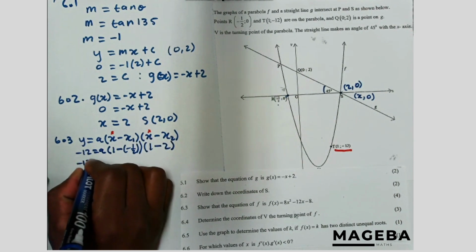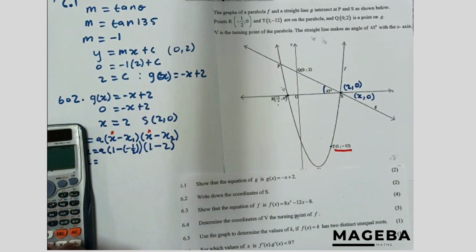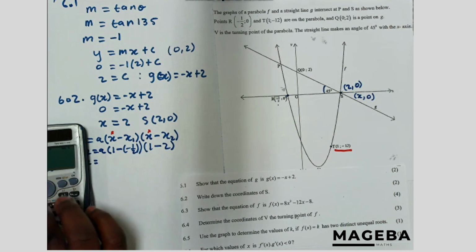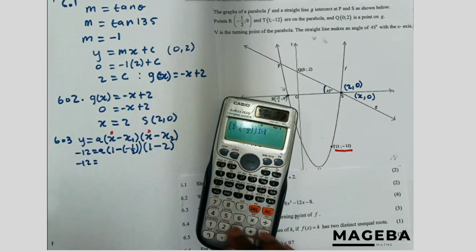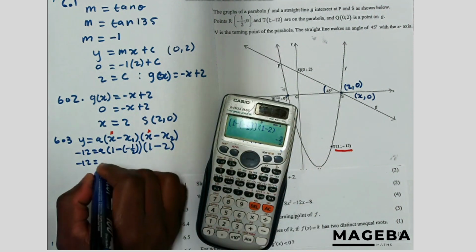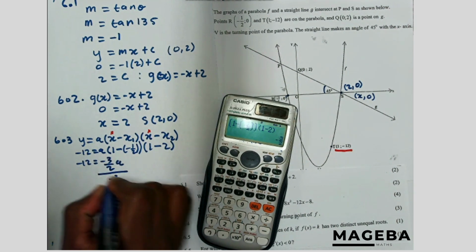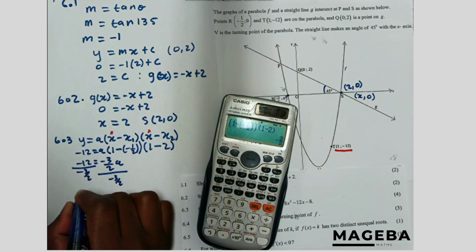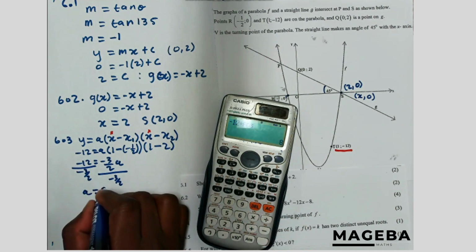Now we can punch all this in the calculator: 1 minus negative 1 over 2, then 1 minus 2. It was 3 over 2, so it's negative 3 over 2 a. Then we divide by negative 3 over 2, and our a, negative 12 divided by the answer, is 8.